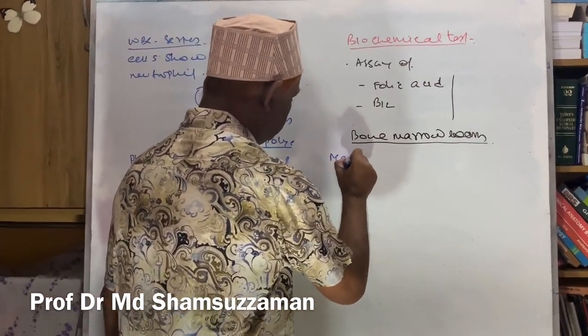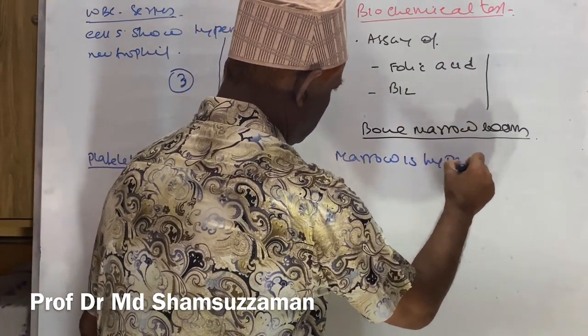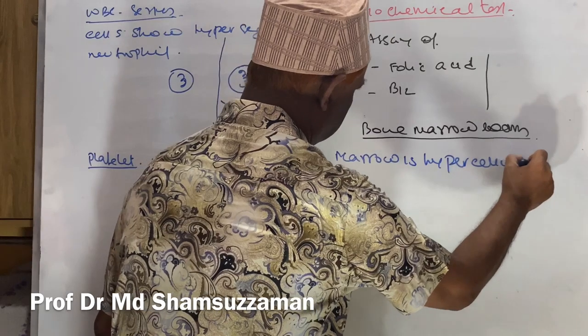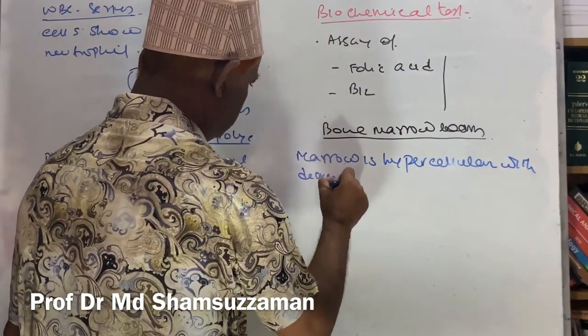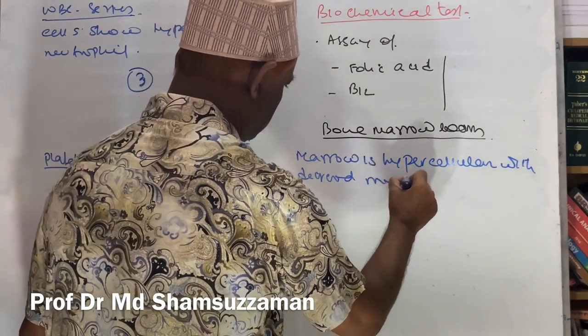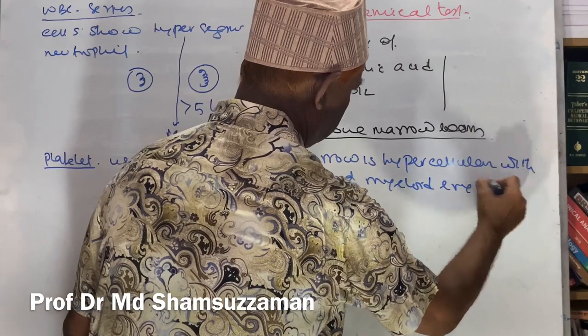Marrow is hypercellular with decreased myeloid erythroid ratio.